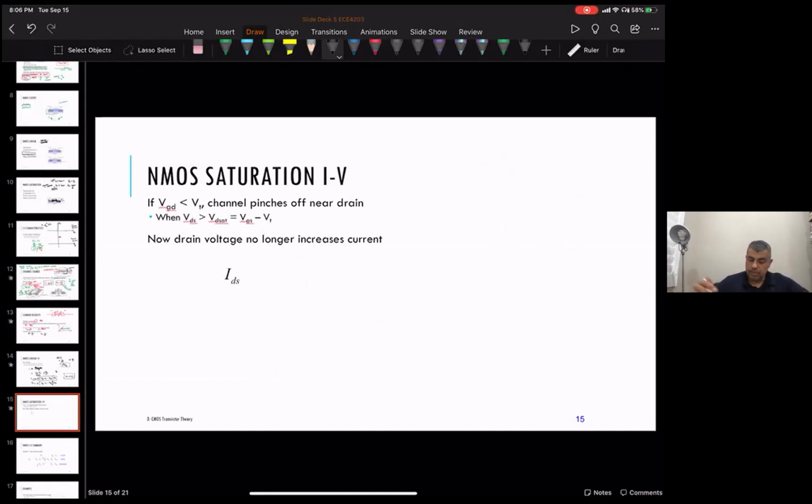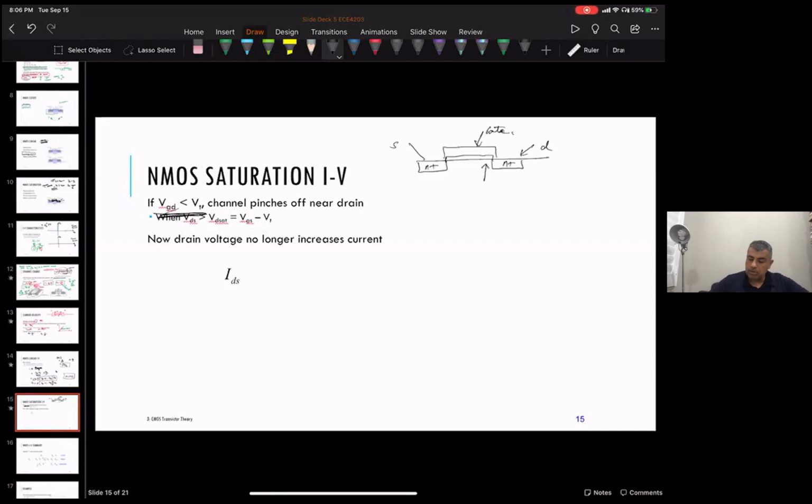Okay, so if the gate drain voltage ends up being less than a threshold... remember we have n plus, n plus. This is the drain, this is the source, and this is the gate.